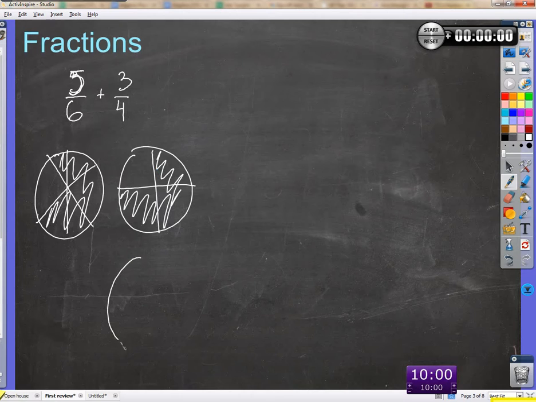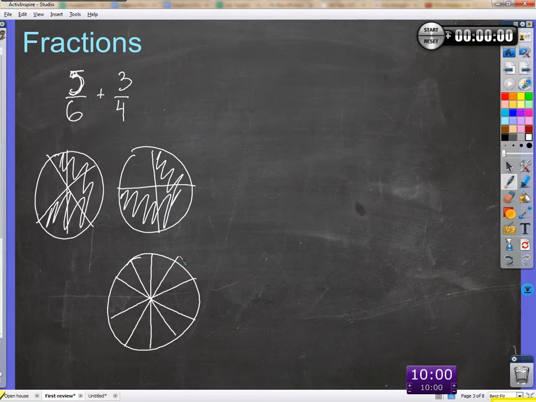Okay, let's look at what a tenth would be. A tenth would look like this. A tenth would be 1 of 10 pieces, where 10 of those pieces makes the whole. Right? Maybe it just doesn't seem that way. We can't even say what they are. 5 plus 3, 8 anythings.